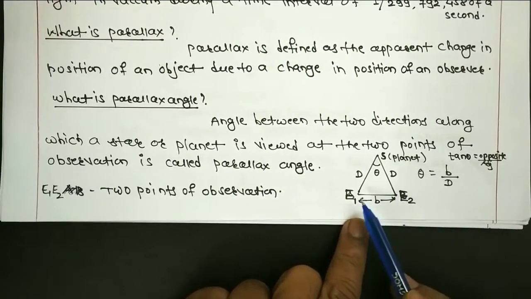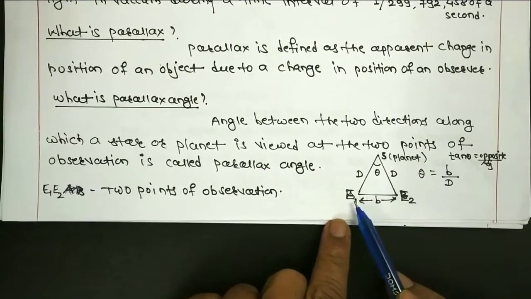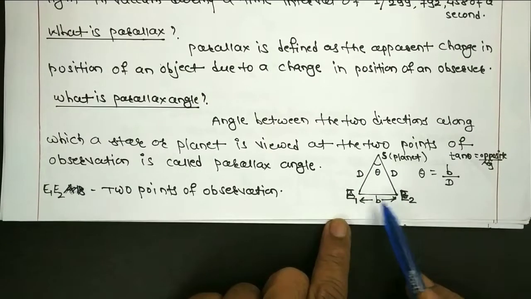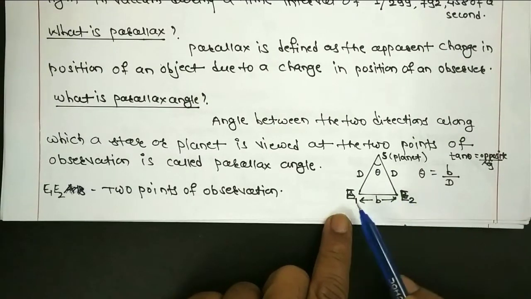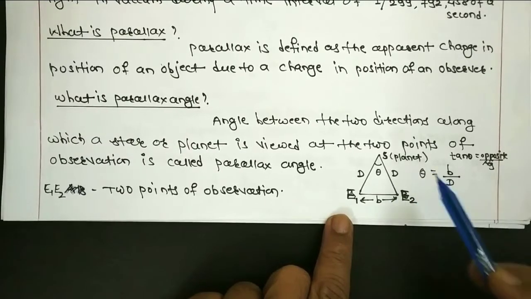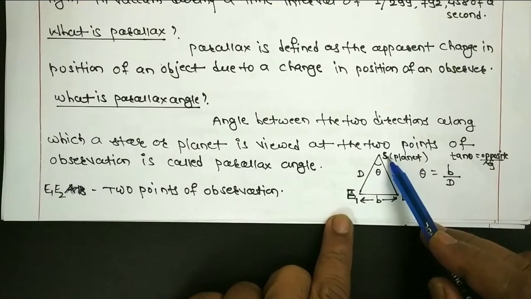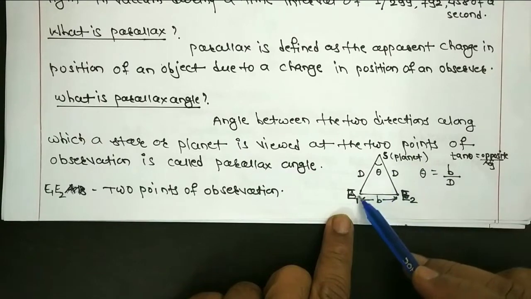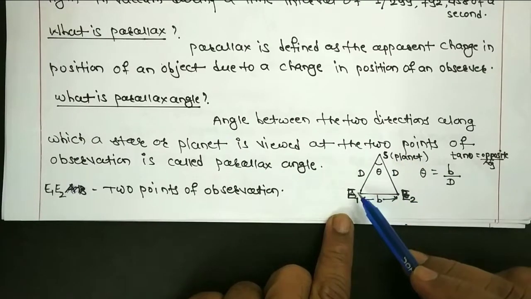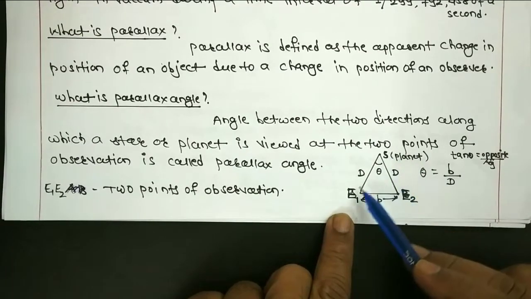From the figure, E1 and E2 are the 2 points which are a large distance apart on the surface of the earth. S is the planet where E1S equals d, that is the distance between the planet and the earth.